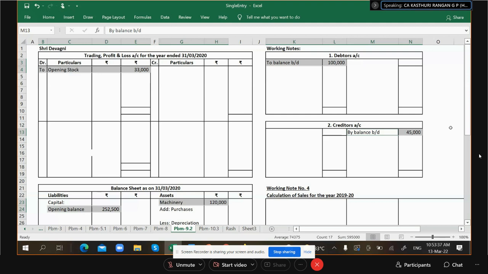Check whether we have recorded everything correctly. Yes. Okay. Now what we should do? We should now record the various transactions given in the question. You have to do along with me, then only you can finish it in the stipulated time of 30 minutes or so.